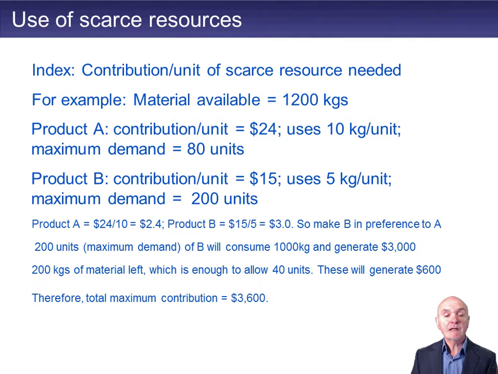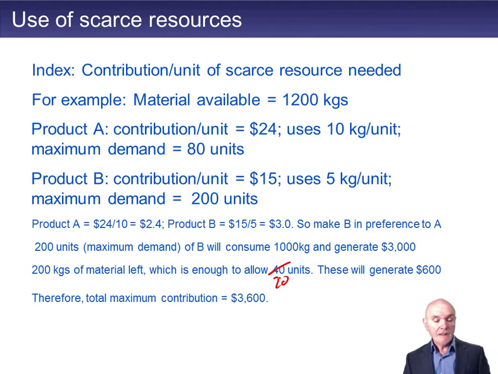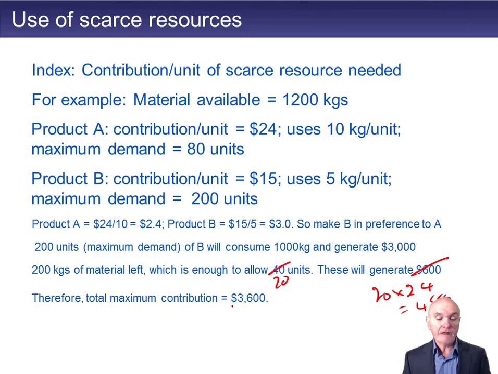That 200 kilograms at a use of 10 kilograms each, I think we have an error on this here, is going to be enough to allow us to make 20. These are going to be generating 20 times 24 contribution, which is 480. So the total contribution is going to be 3,000 plus 480, which is 3,480.